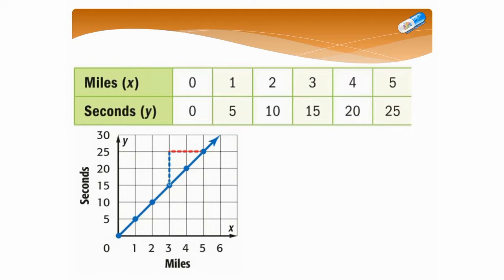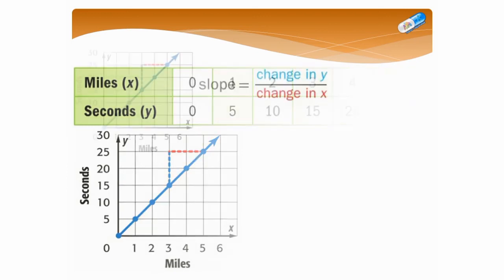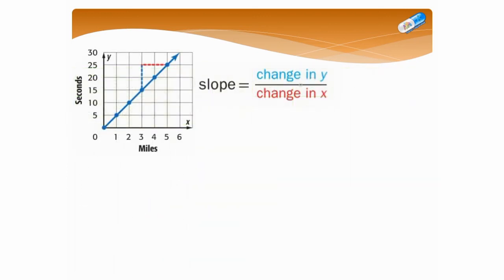After the graph, we want to get the slope. So we know that the slope is the rise over run, or the change in y over the change in x. The change in y is the blue dotted line here, and the change in x is the red dotted line. So here the slope is the change in y over change in x, and the change in y here, as you see, the y was 15, it became 25.